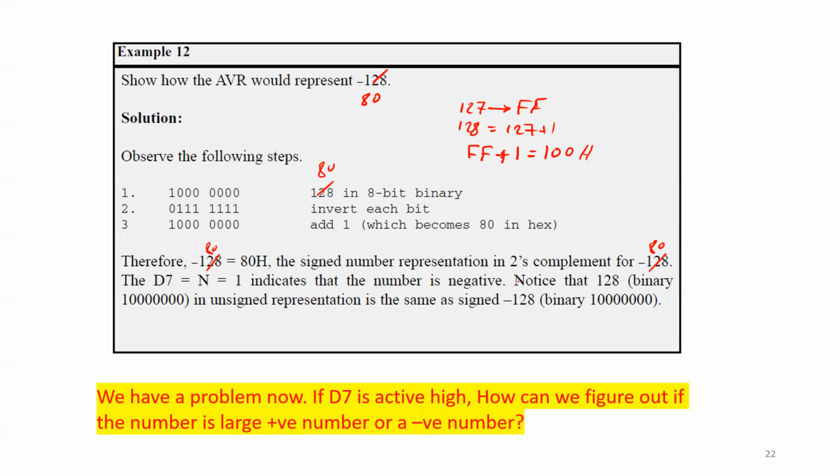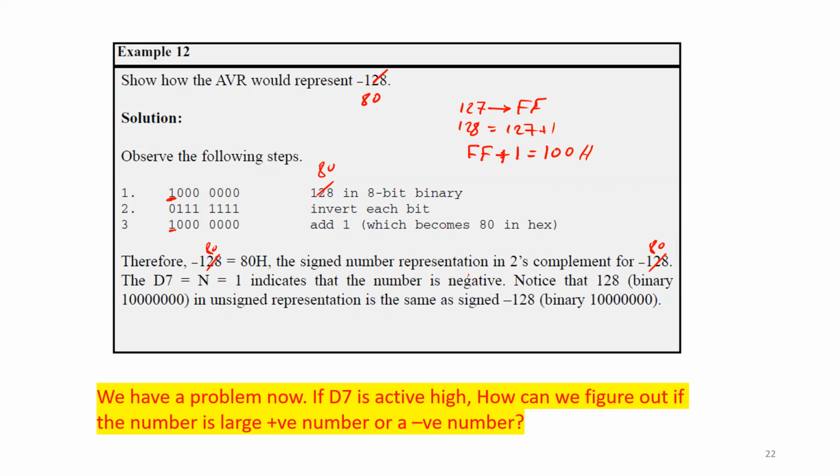For the number here, the one is active high, either for the number or the two's complement, which means which one is positive and which one is negative. Now it's still confusing. So how can we figure out if the number is positive or negative?